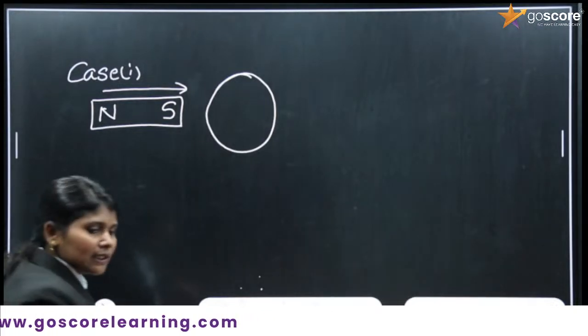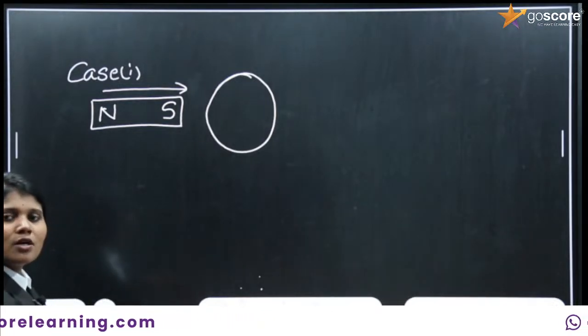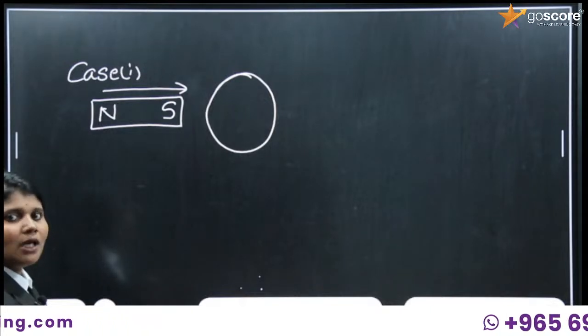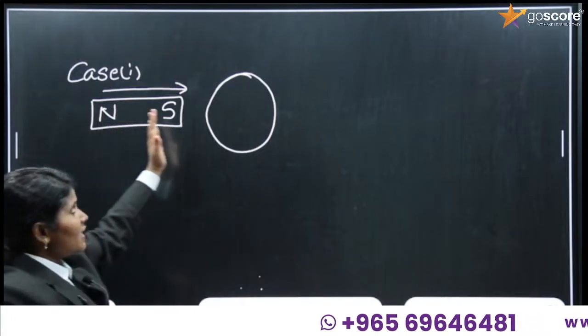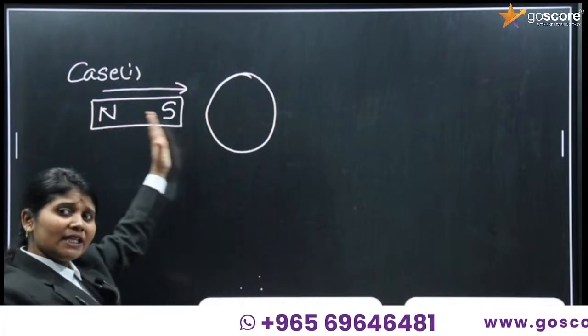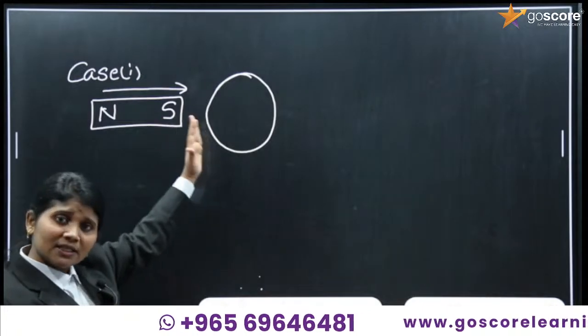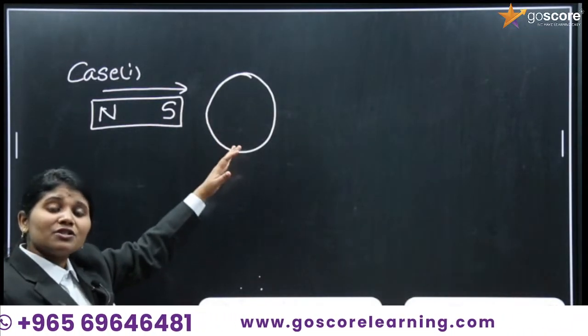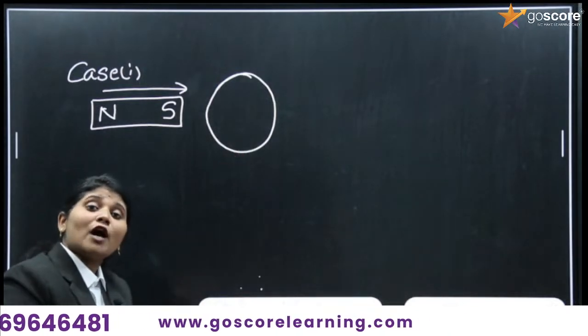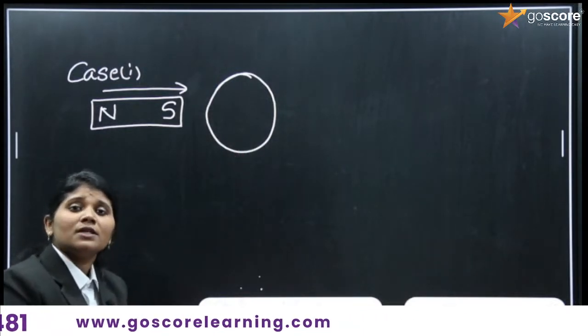What is the Lenz law, guys? EMF will oppose the cause of production. When the magnet is near to the coil, it means change in flux is happening there. When there is change in flux, EMF will be induced. That EMF is in the opposed direction.